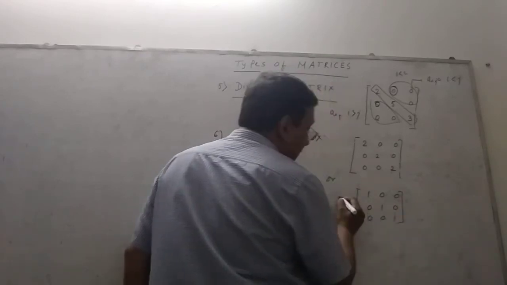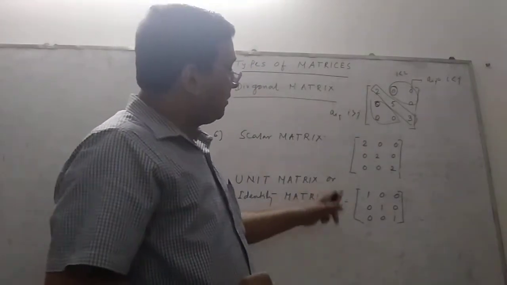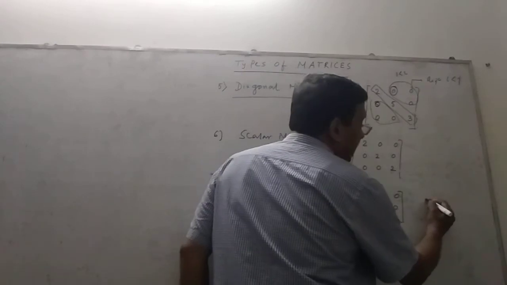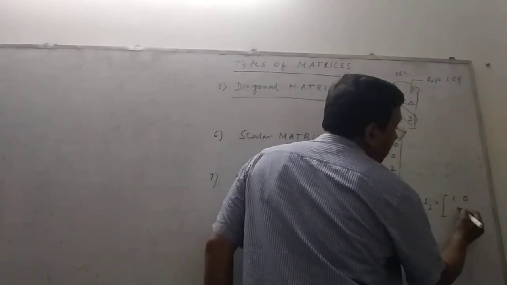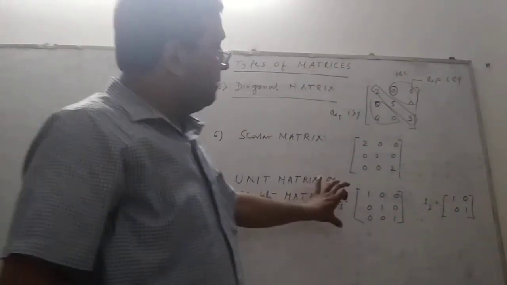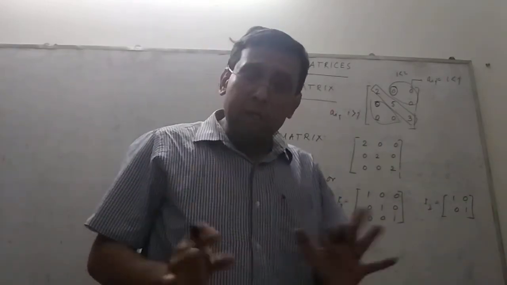This is I3, the 3 by 3 identity matrix. Similarly, a 2 by 2 identity matrix can be written as 1 0, 0 1. These two are very important, that's why I have defined both these identity matrices. I hope you have understood.